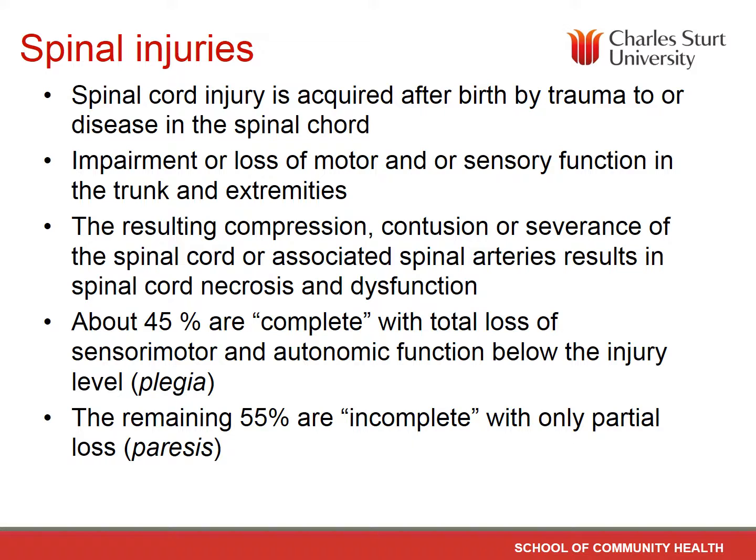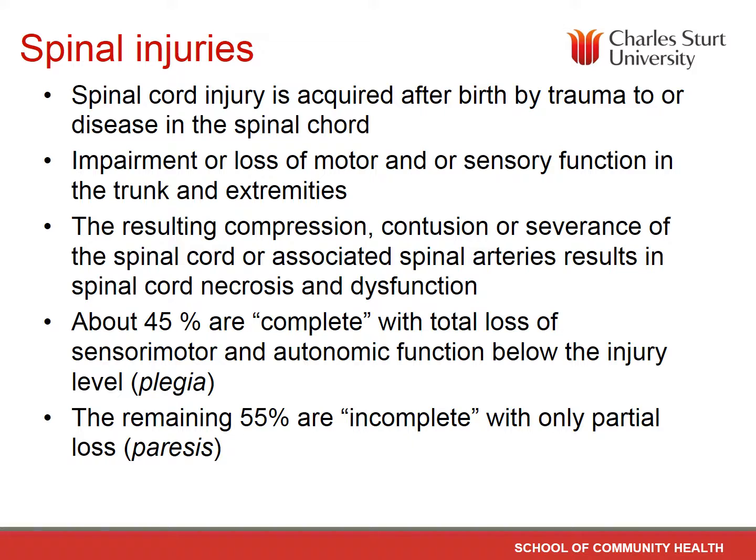So, what we can think of as input and output: spinal nerves running towards the central nervous system and away. There's complete severance or a loss of function below the injury level. When this occurs, we use the word plegia. So you might have paraplegia or tetraplegia, depending on at what level that plegia has occurred.